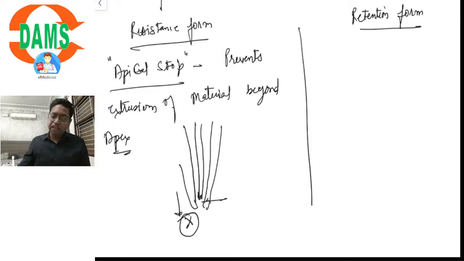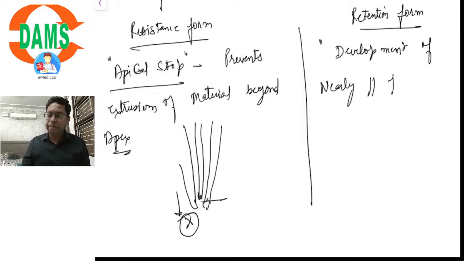Retention form, on the other hand, is called development of nearly parallel apical walls of the root canal.